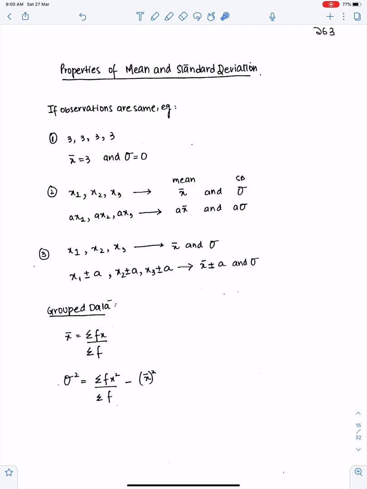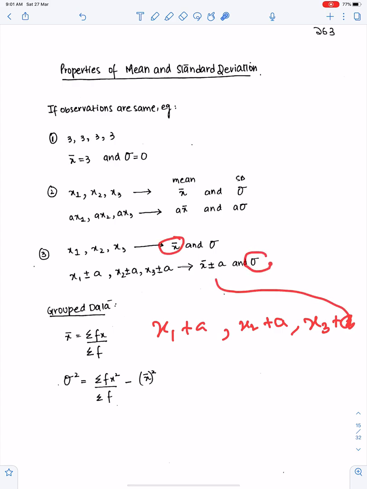Now again we have the same data x1, x2, x3, and their mean is x bar and their standard deviation is sigma. So if we either add or subtract a non-zero constant to each and every observation, for example, we are adding a to each and every observation, then we need to add that constant to their mean.